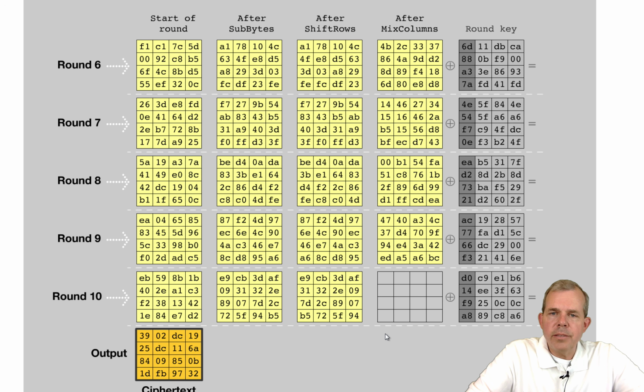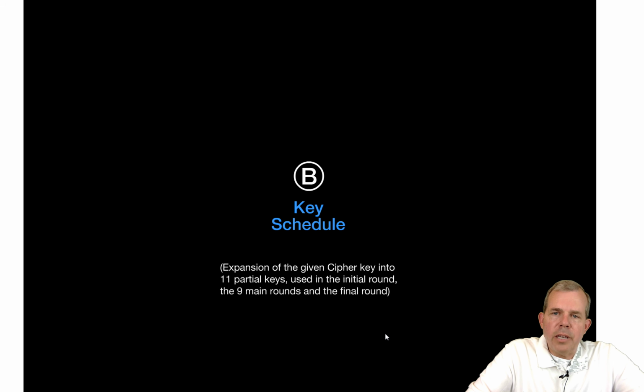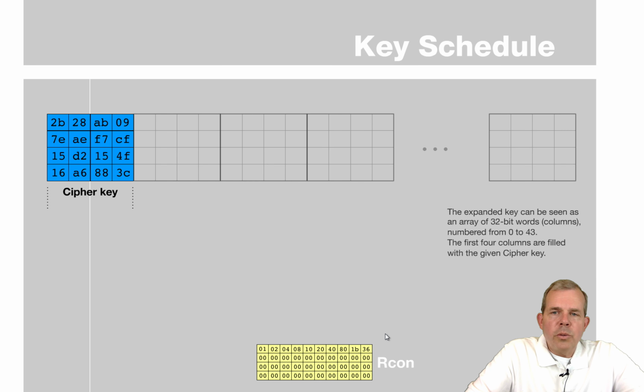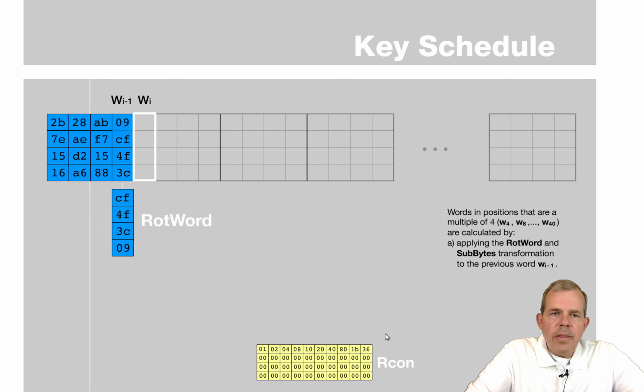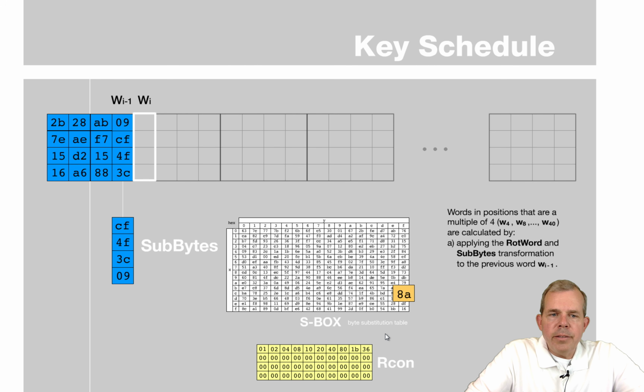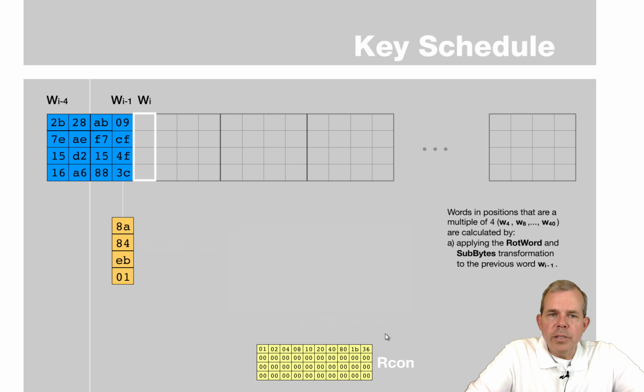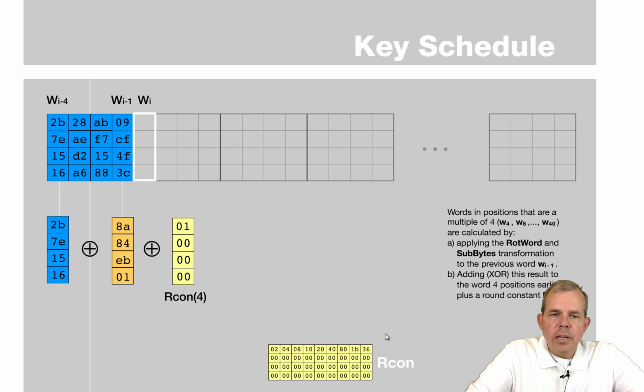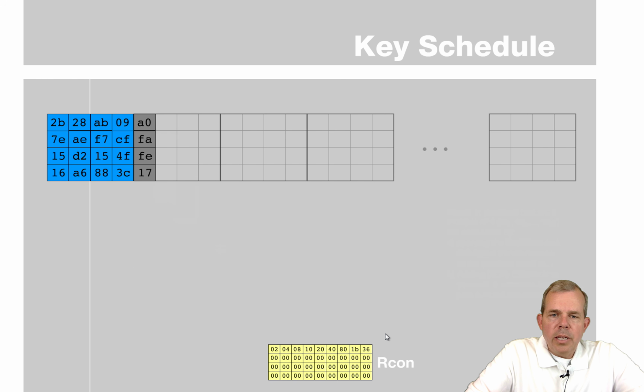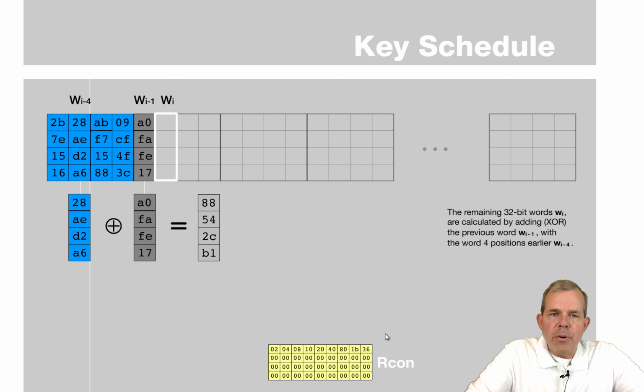So we have ciphertext. Okay, let's take a look at the key schedule. That's the last item here. What do you do with a key? If we start with a basic cipher key, the one that was given to us at the beginning, we build on the previous key. We shift, do some SubBytes lookups, and add another row.